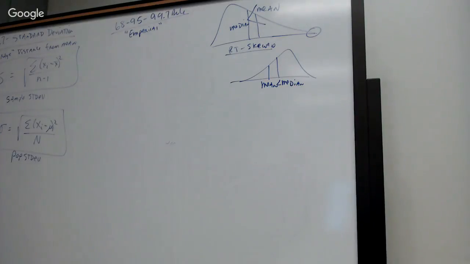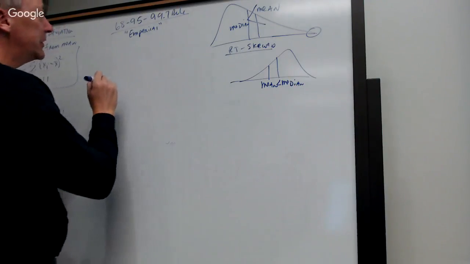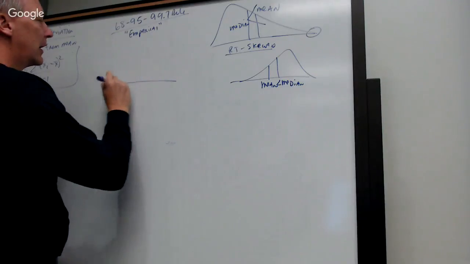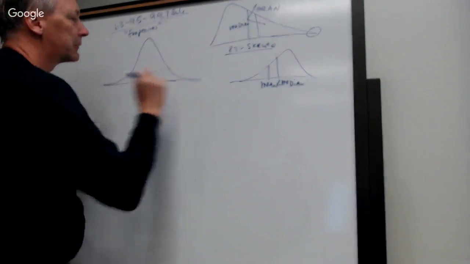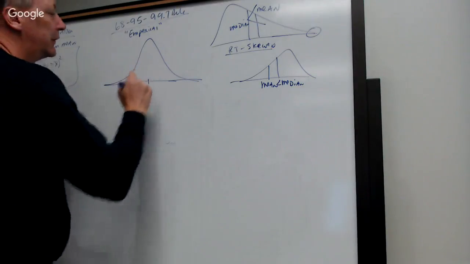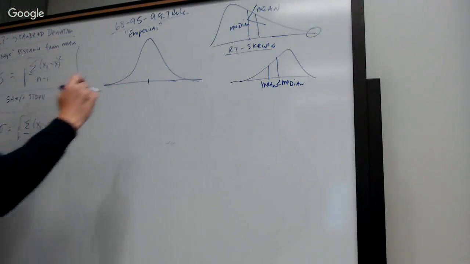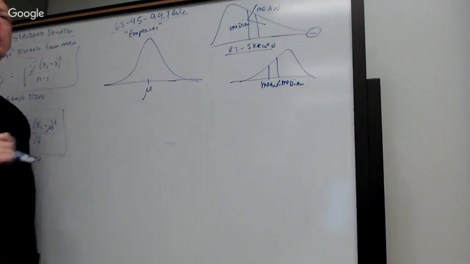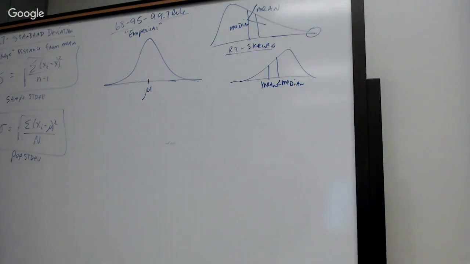So, here's why. If you have a normal distribution, a bell-shaped distribution, we're talking about the population. This value here is the Greek letter mu, the u with a tail on the front side of it. That's going to represent your mean.